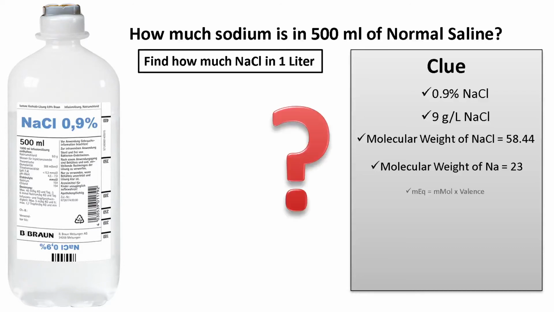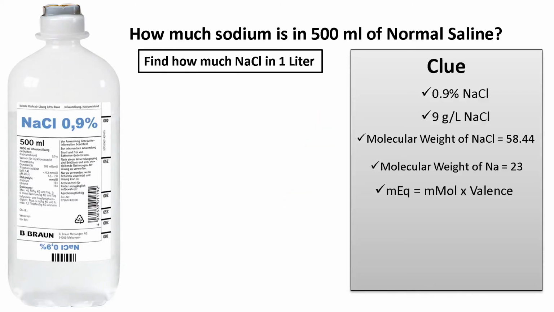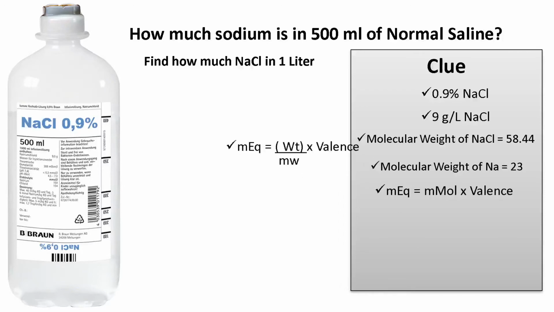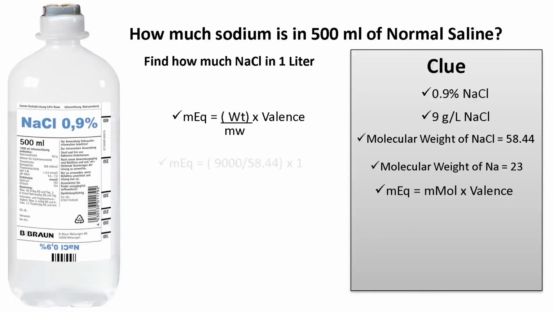So we know the equation of milliequivalent. Milliequivalent is equal to millimoles into valence. And we further break the equation. Then we find milliequivalent is equal to weight in milligrams divided by the molecular weight multiplied by the valence. So we put the values of weight, molecular weight and valence.